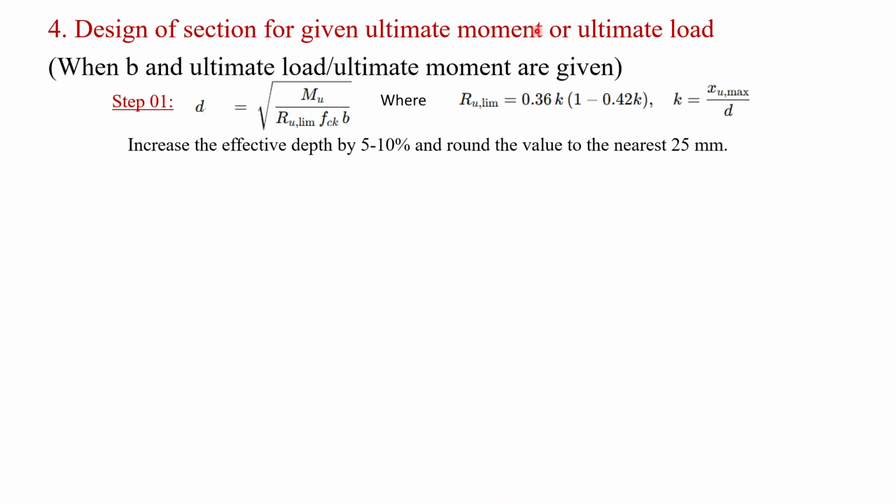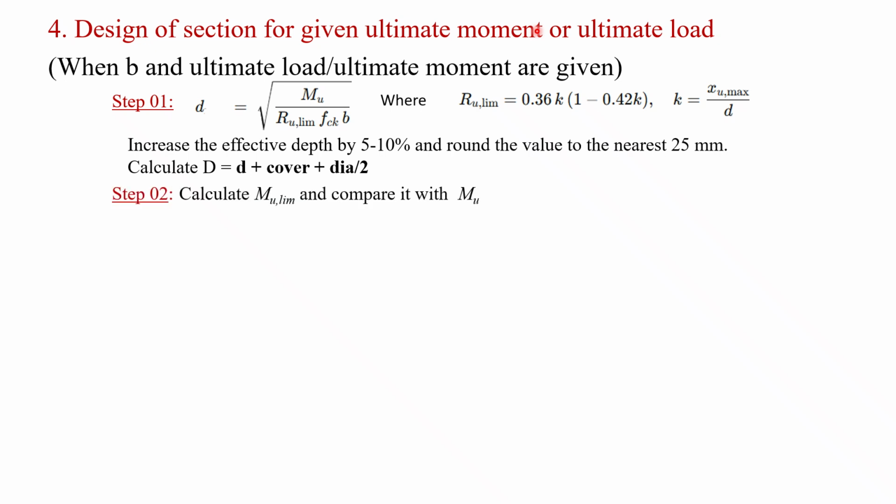In addition, we round it up to the nearest 25 mm. Once we have the rounded effective depth, we find the overall depth. Overall depth is the effective depth d, plus the cover from the IS code based on the exposure conditions, plus the assumed diameter over 2. This gives me the overall depth.